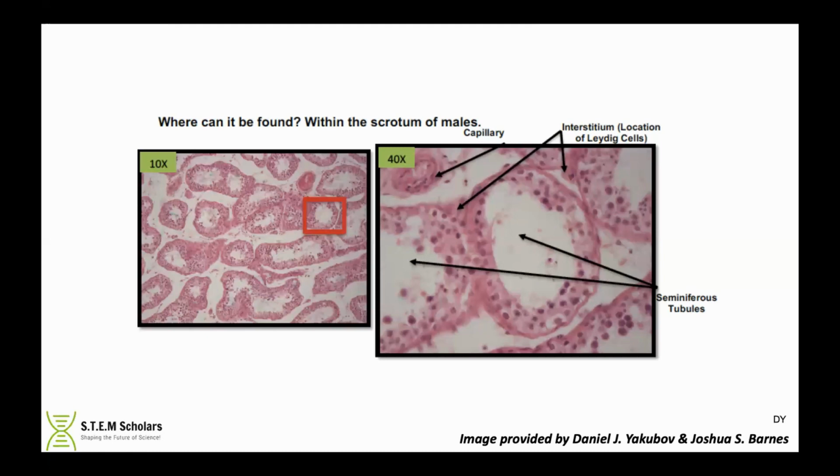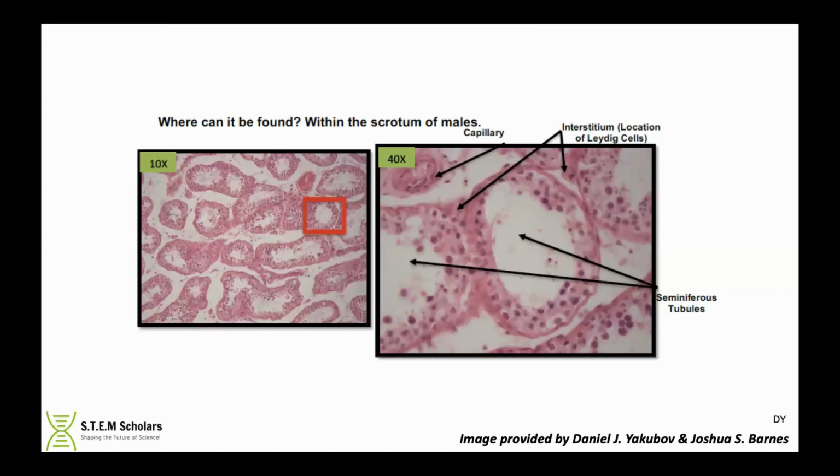And luteinizing hormone is produced by specific gonadotropic cells found in the anterior pituitary gland that sits in the base of your skull. And these gonadotropic cells release other gonadotropic hormones that allow for proper sex organ function.